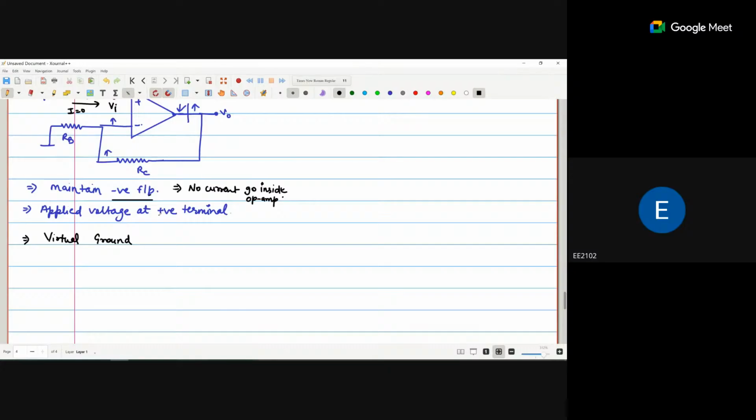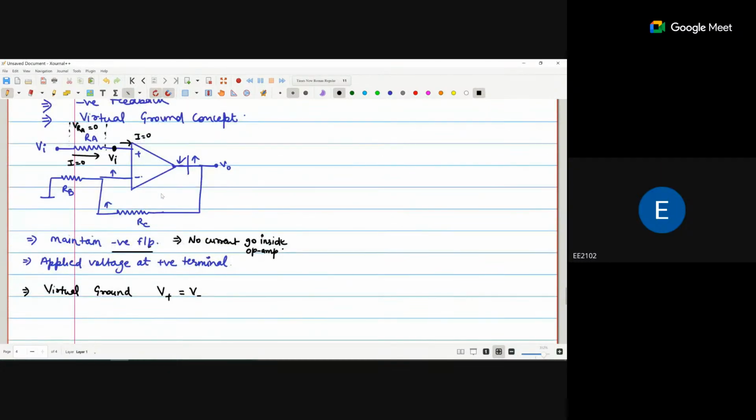What is the virtual ground concept? The positive terminal is equal to the negative. So if this point is Vi, this point voltage is also Vi. This point voltage is V0 and this is ground.